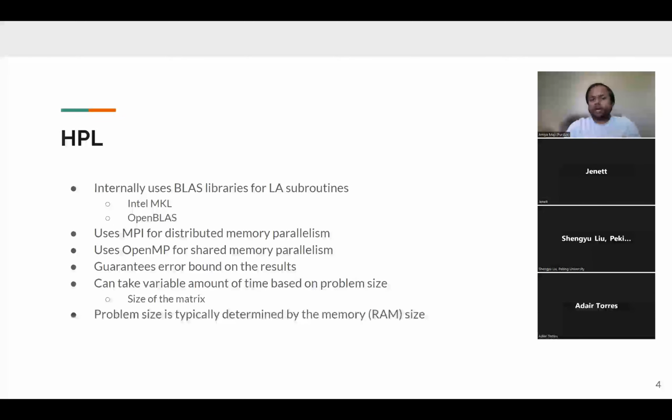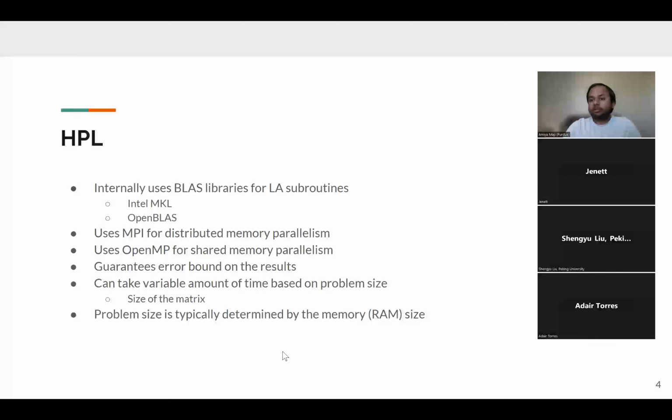So, a little bit more details about HPL. Internally, HPL uses a lot of linear algebra libraries, right? You can use different linear algebra libraries, like Math Kernel Library from Intel, or the OpenBLAS implementation, or some other math library that you prefer.